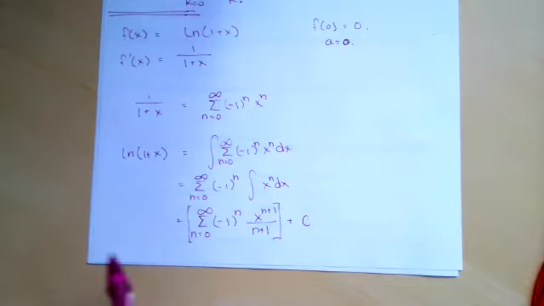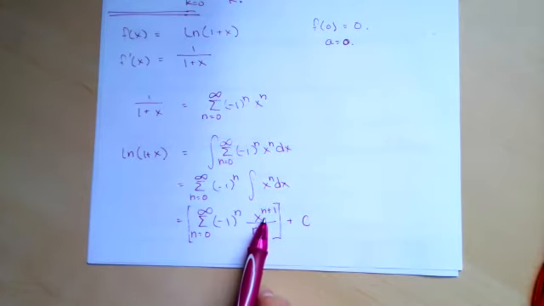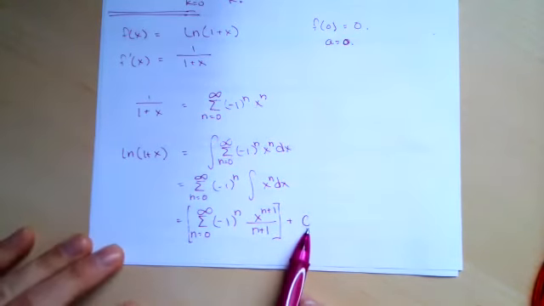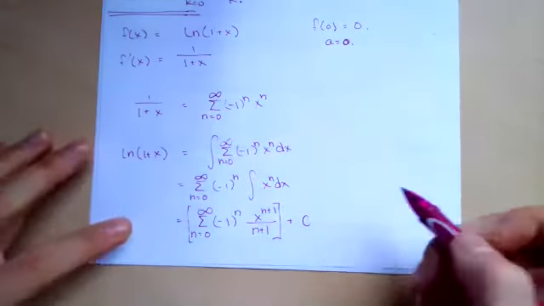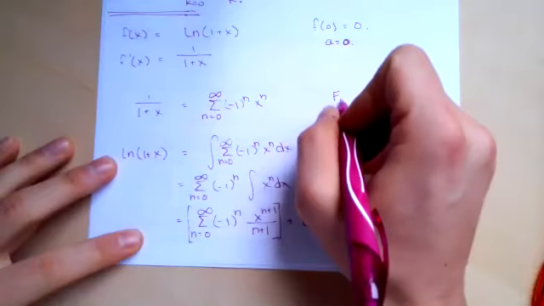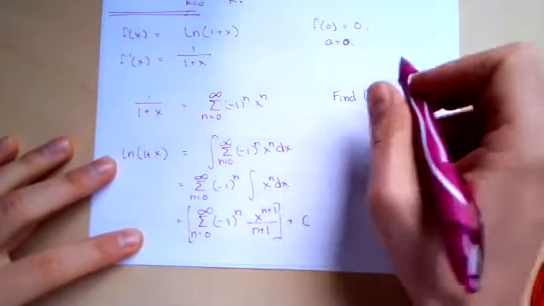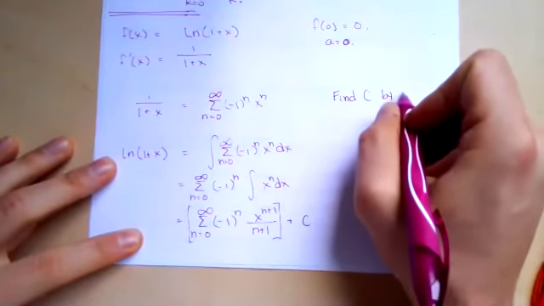Converse to the derivatives, we're actually gaining more terms, potentially gaining a constant term. And here, when n equals 0, what's my first term? x to the 1, right? My n equals 0 now corresponds to a degree 1 term, so there could be some degree 0 term lurking. And how do we find C? We usually find C by checking known values.